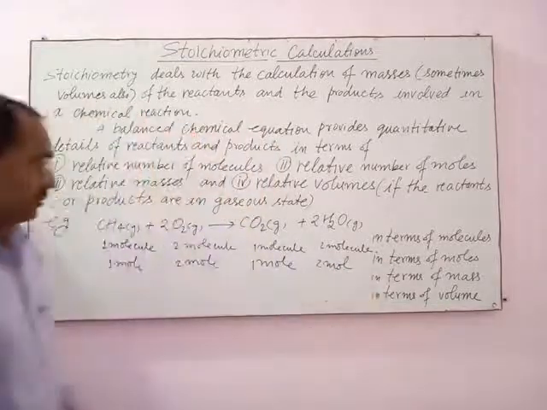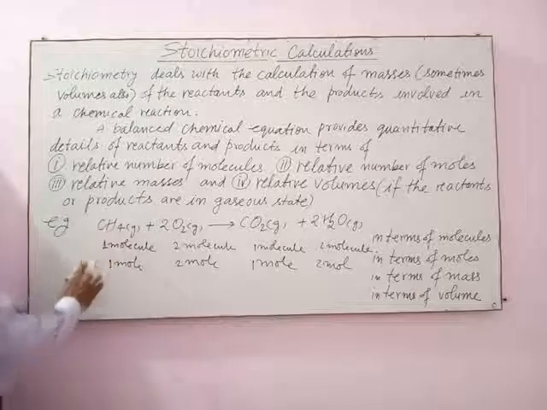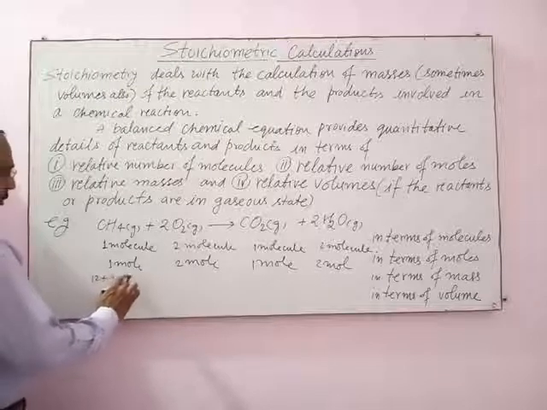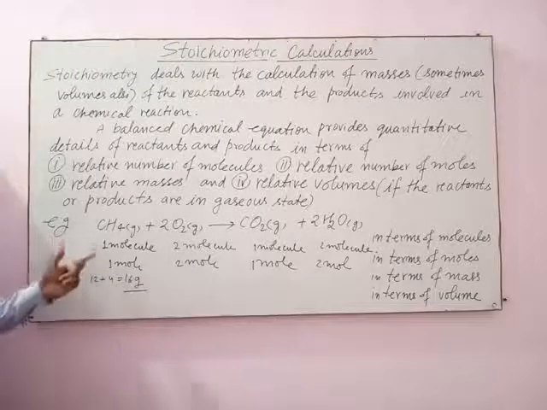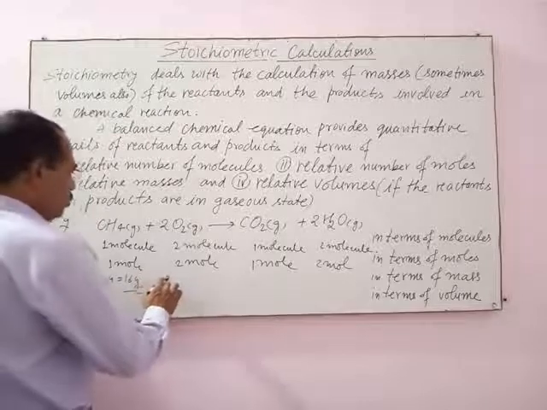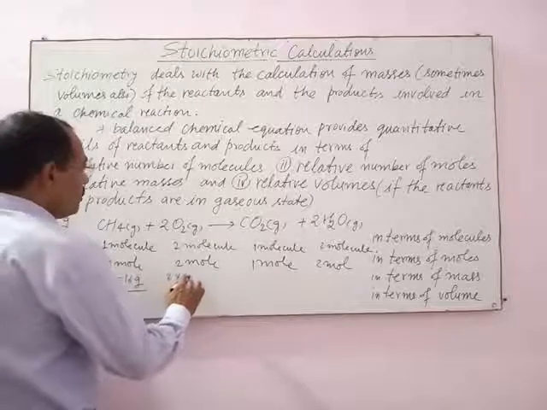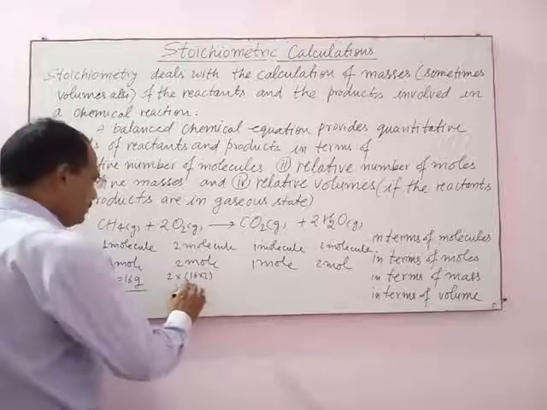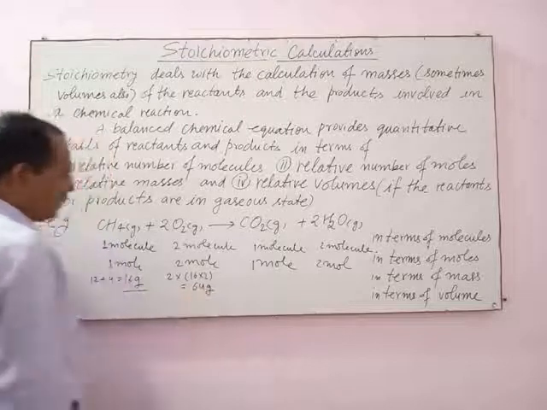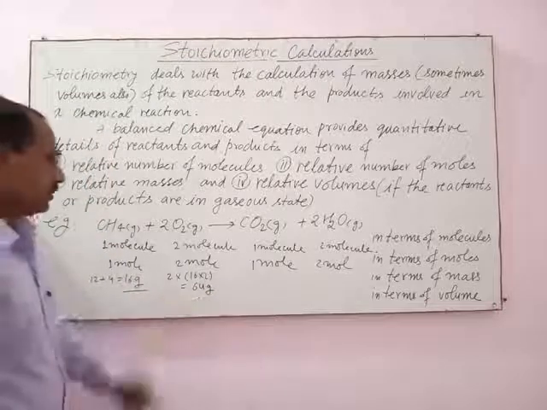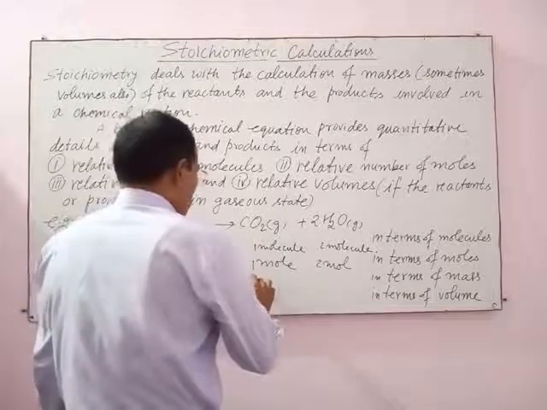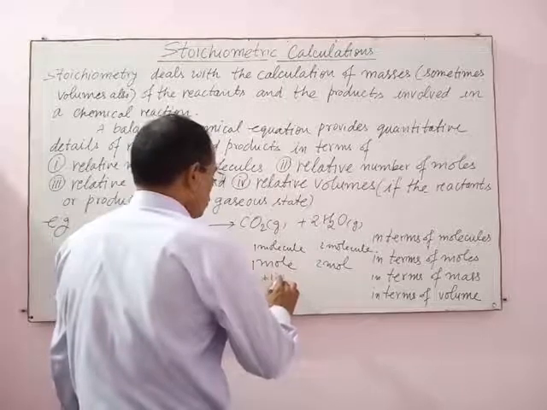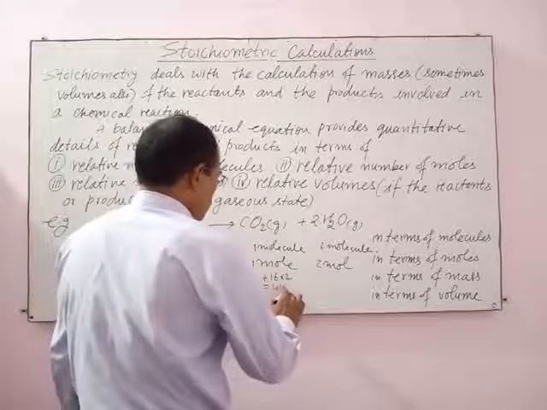In terms of mass, CH4 is 12 plus 4 equal to 16 gram. 16 gram of methane reacts with 2 into 16 into 2 equal to 64 gram of oxygen. CO2 is 12 plus 16 into 2 equal to 44 gram.